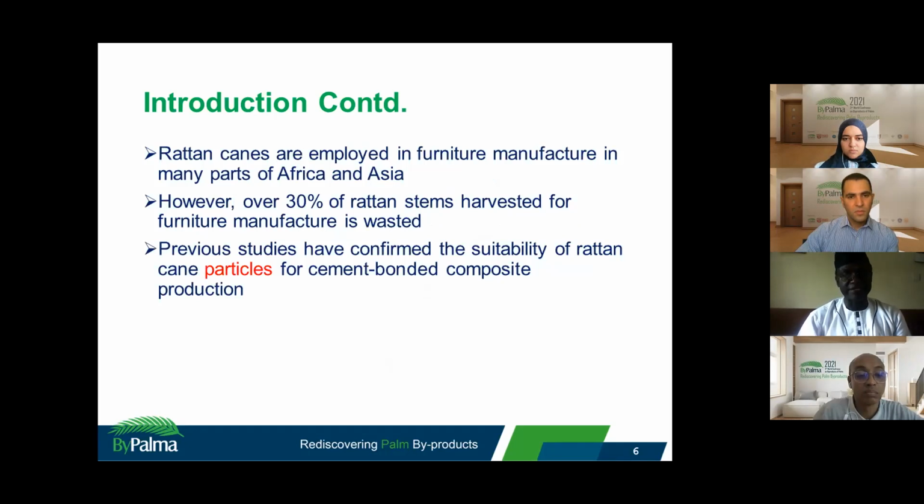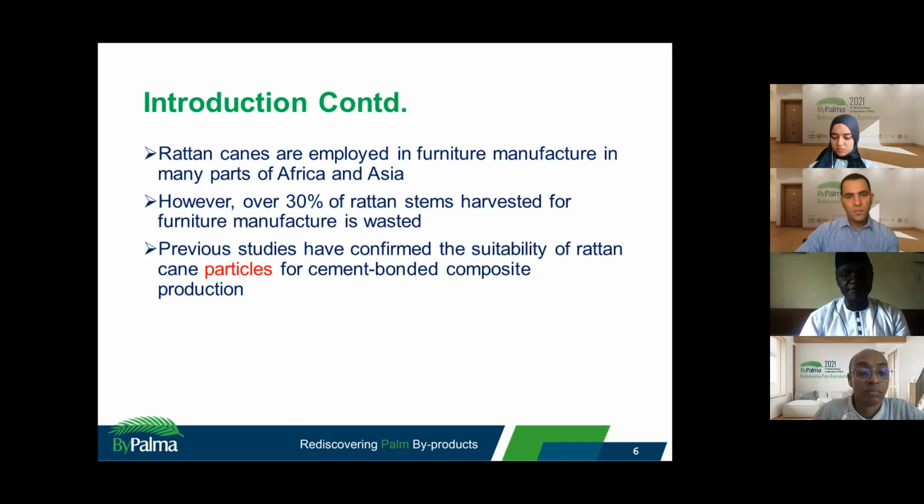But we have tried to look at the use of a palm product, rattan, and its fiber as a replacement for asbestos in many parts of Africa and Asia where rattan cane abounds. Even though rattan is well known as a furniture material, there's a lot of wastage involved in the use of rattan for furniture production.